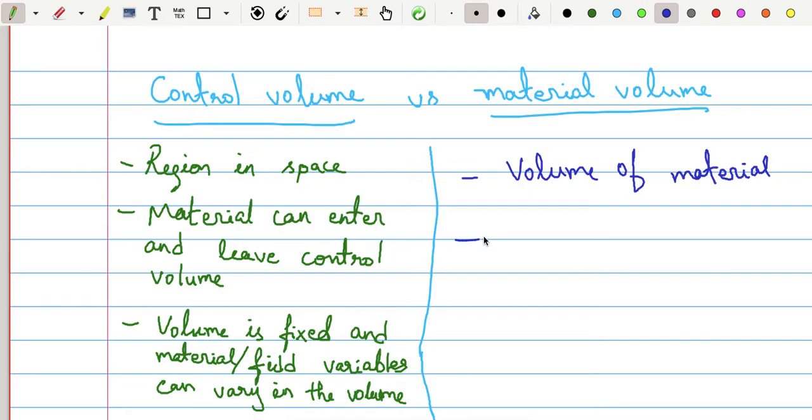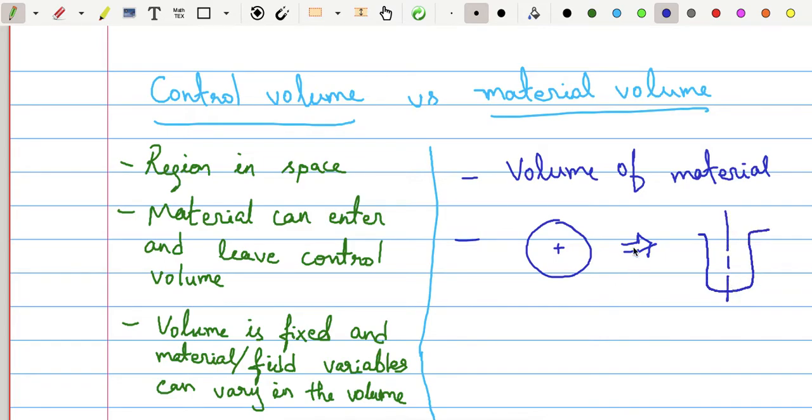So for example, if you are doing deep drawing, then you may start with a circular blank, and you may go ahead and get something which looks like this.